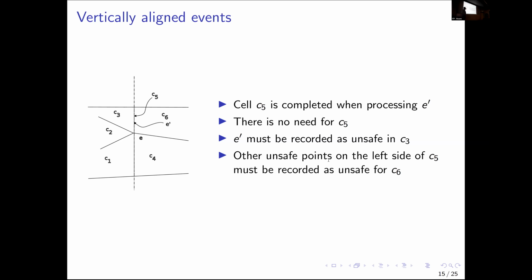And C6 also has to know about all the unsafe points that may have existed on the right-hand side of C3. If I do that correctly, then I can just discard the cell C5 and not build such a degenerate cell. So this is basically what the algorithm does.